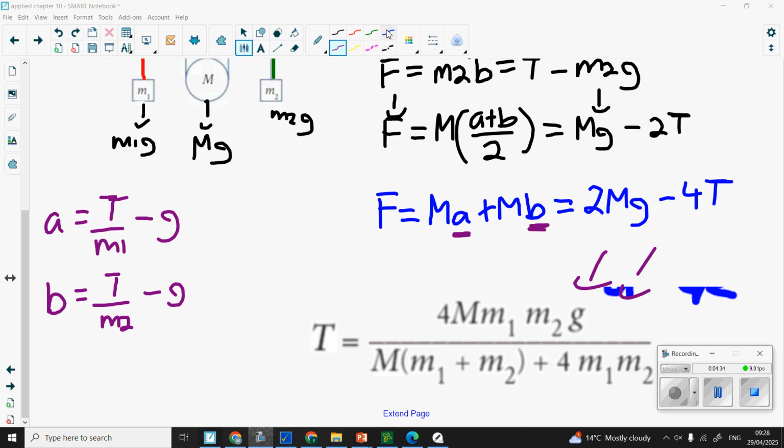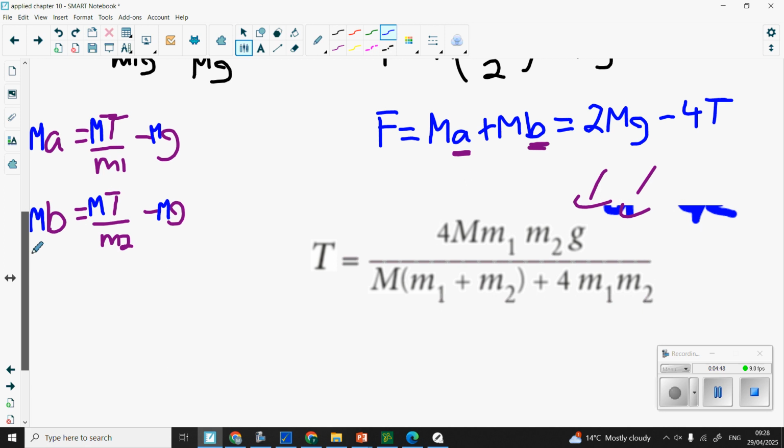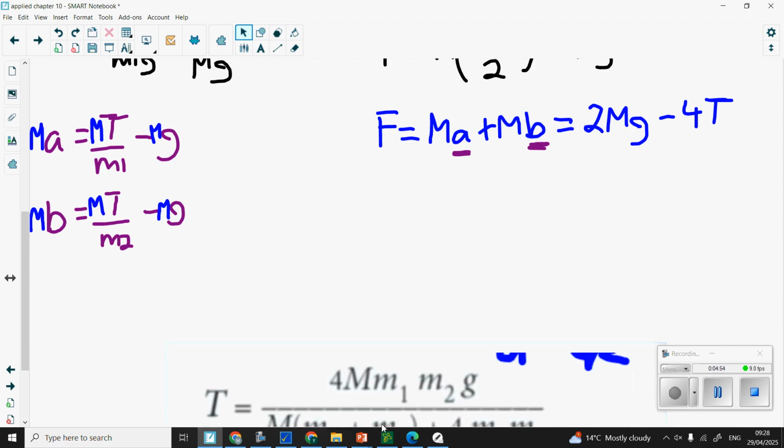Right. What I reckon I'll do is add a capital M onto both sides and call that Mg. And that will give me my F equals Ma plus Mb, which I so sorely need. So I'm going to add the two of these together.